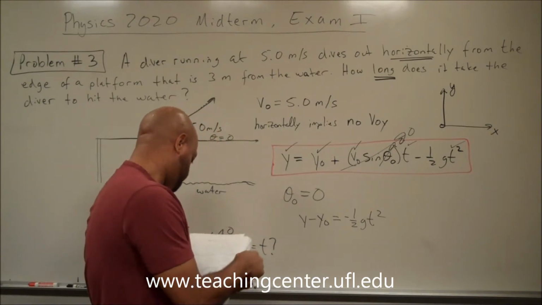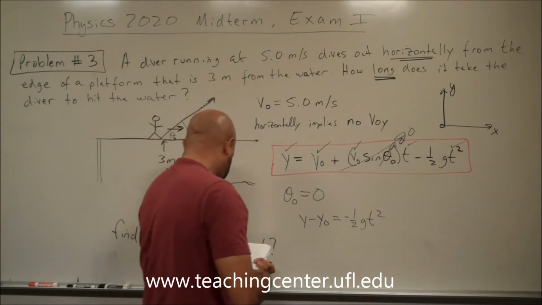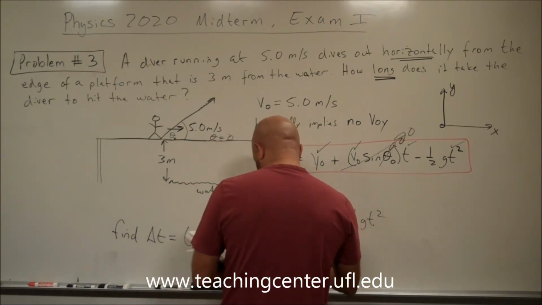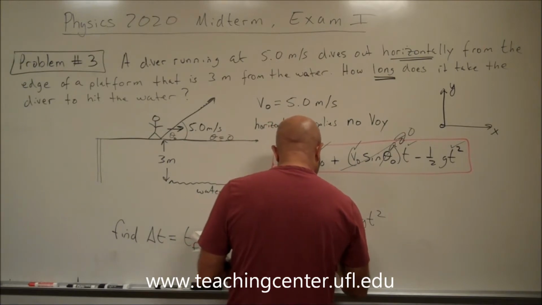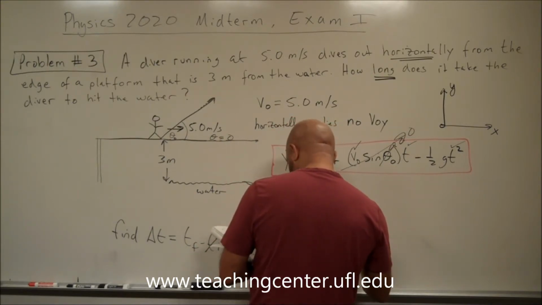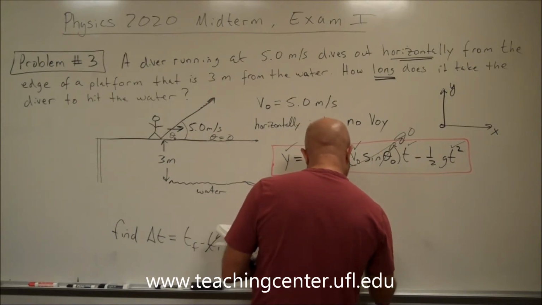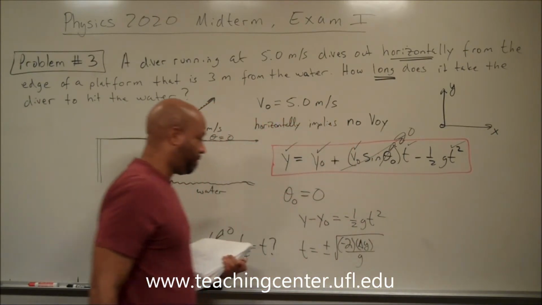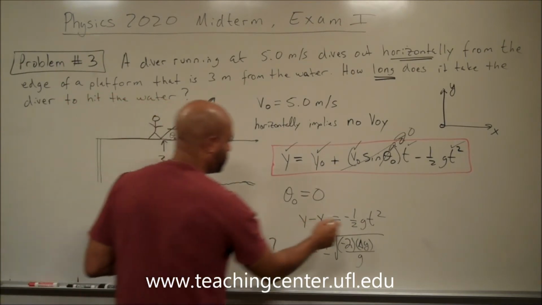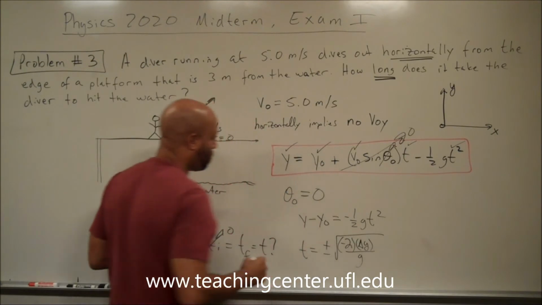Solving this for t, we get t is equal to plus or minus the square root of 2 times delta y divided by g, and the 2 will be negative. That's simply solving this equation for t.